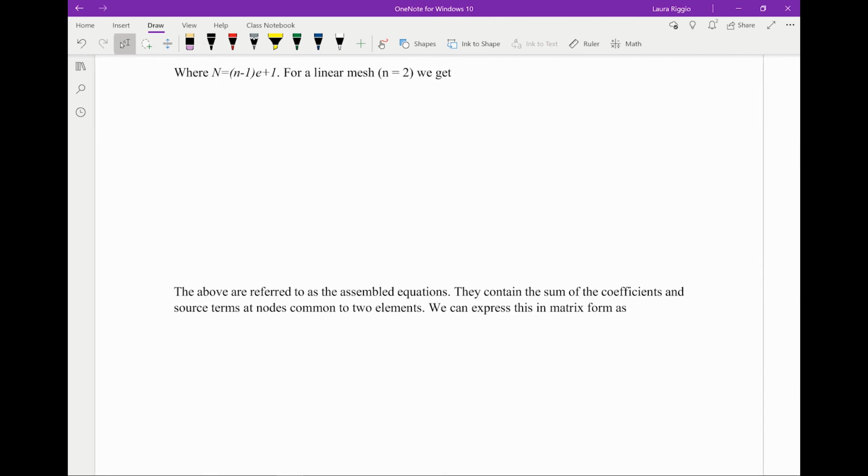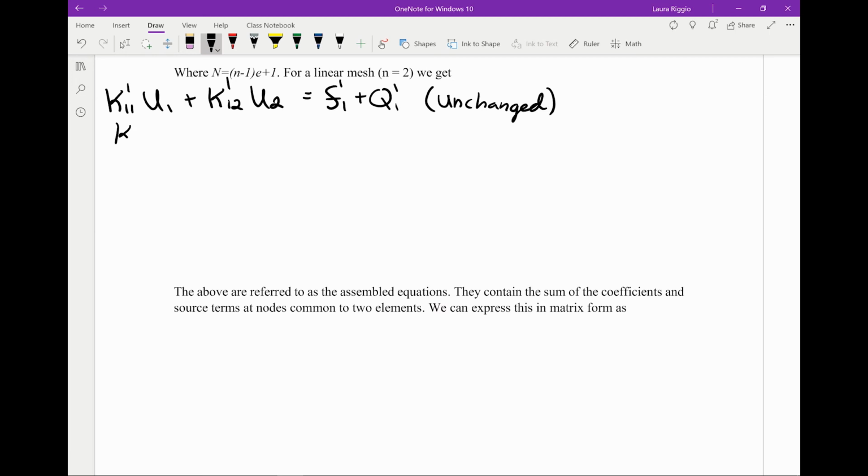For a linear mesh, n is equal to 2, and we're going to get K11 U1 plus K12 U2 is equal to F1 plus Q1. This is our unchanged first equation.